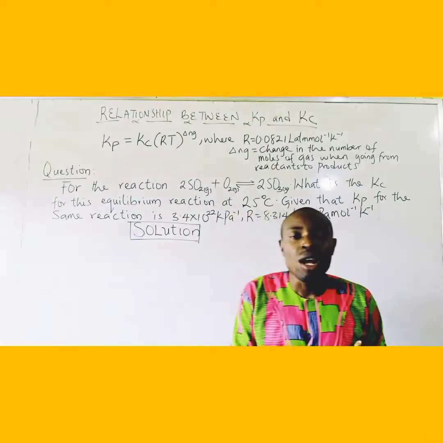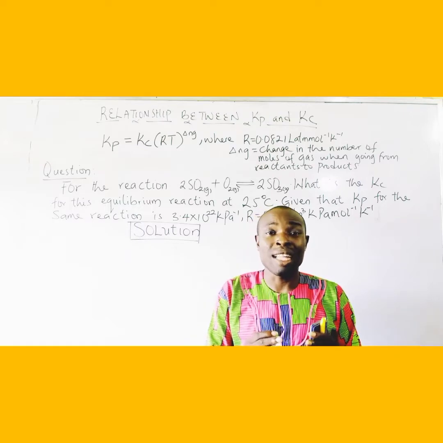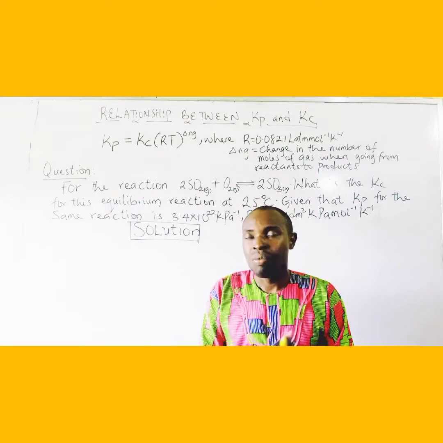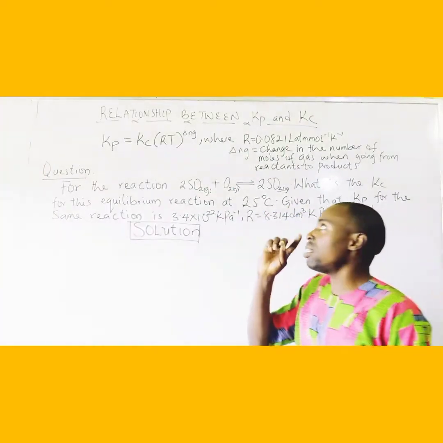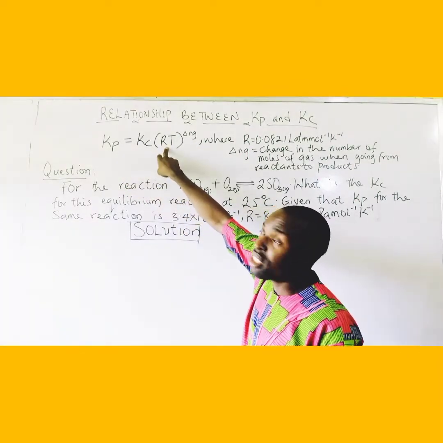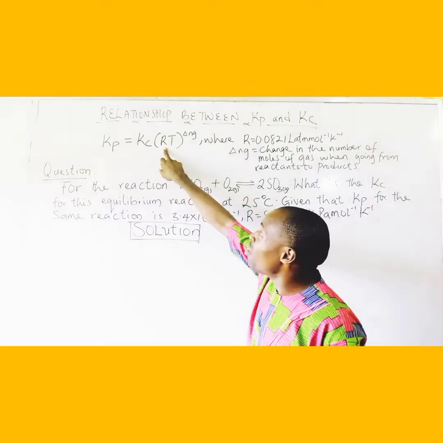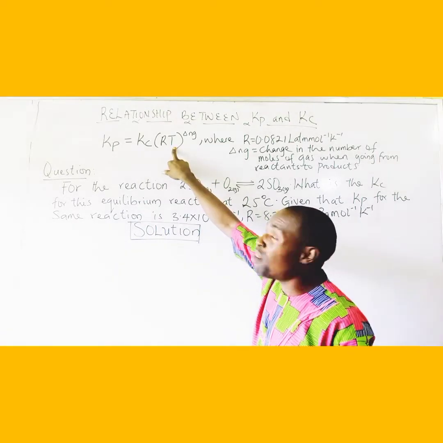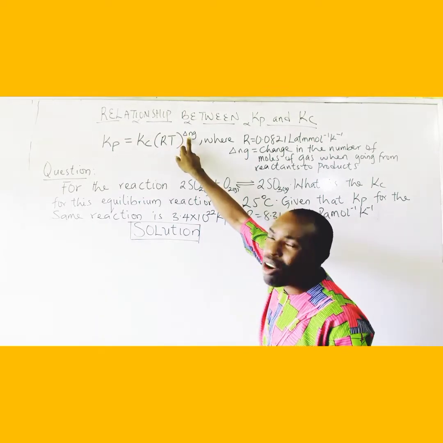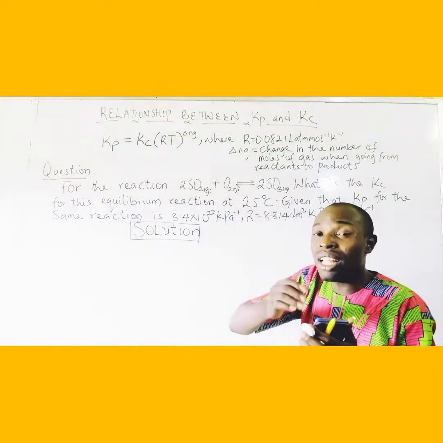In this video, I'm going to be teaching you the calculation involved, and I will give you a stepwise process in getting your answer with ease. Now, the relationship between Kp and Kc is Kp is equal to Kc (RT) raised to Δn, where R is the gas constant multiplied by the temperature in Kelvin, and Δn is the change in the number of moles of gases from reactant to product.